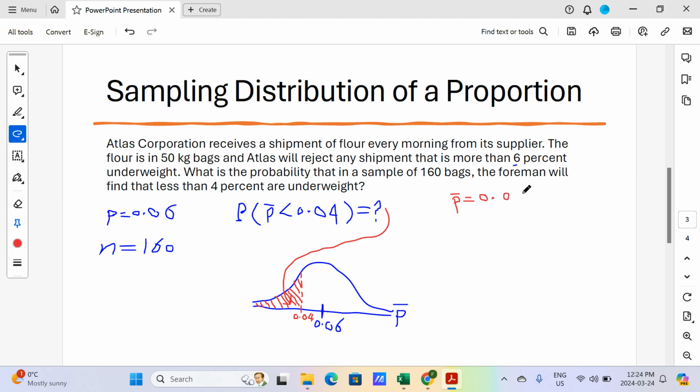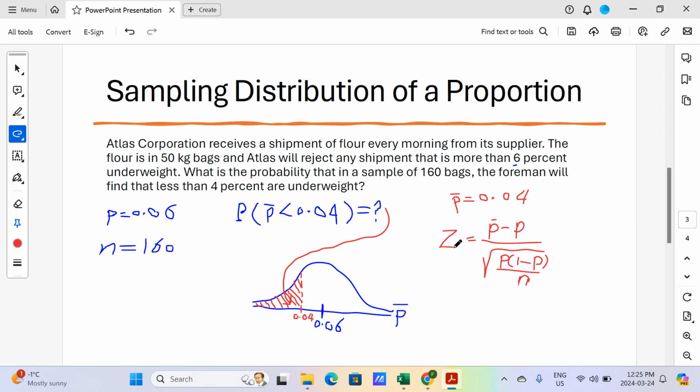I need to find the Z value of P bar by P bar minus P over the square root of P times 1 minus P over N. P bar is 0.04, P is 0.06, N is 160.